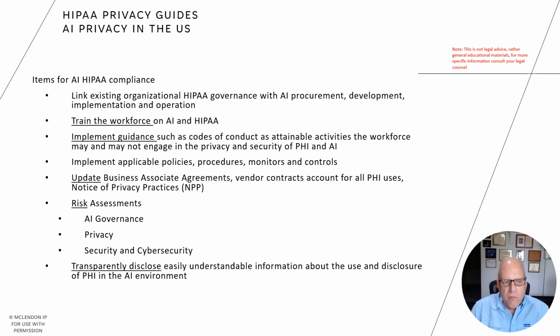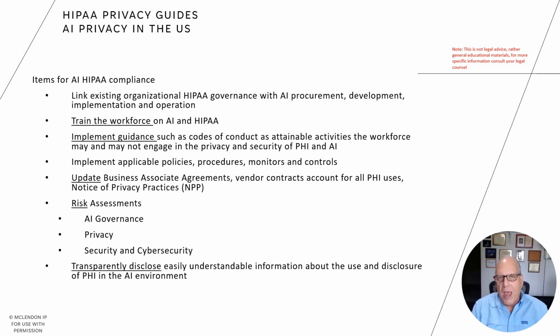You're going to have to perform risk assessments. These are not any different than the security risk analysis that is required and the privacy risk analysis that is not directly required but is indirectly required to make sure you're doing everything for privacy compliance you need to. Well, now for AI, you need to do a risk assessment as well for your AI. It will include privacy, security, and some cybersecurity too.